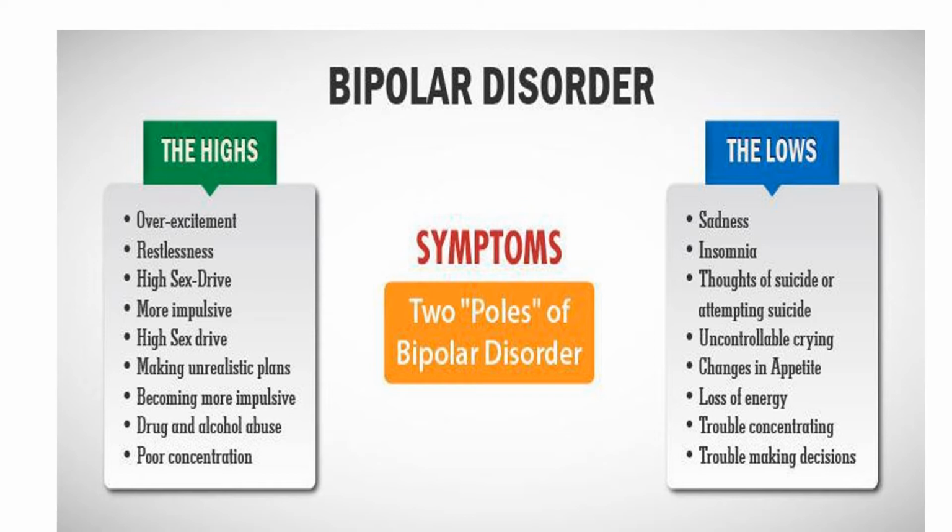Lack of energy, very difficult to concentrate on any topics when you're depressed. And difficulty making decisions, even small decisions at home, can be very difficult, since it can create anxiety, even choosing what to eat that day. So severe depression is very disabling as well.